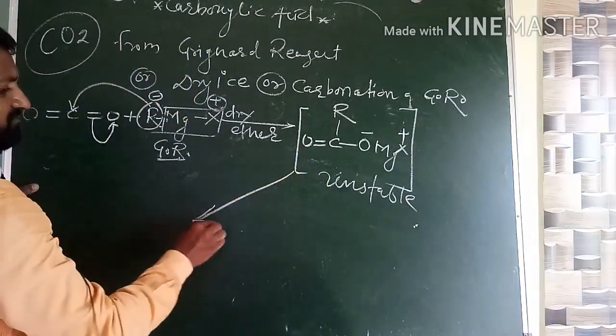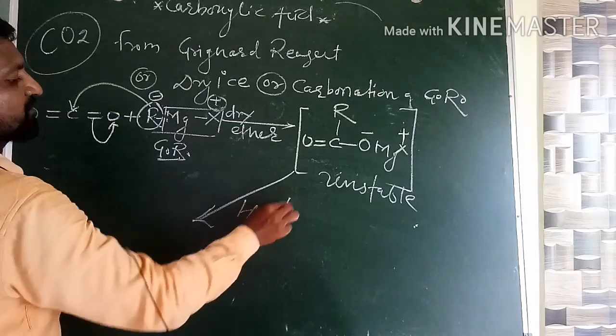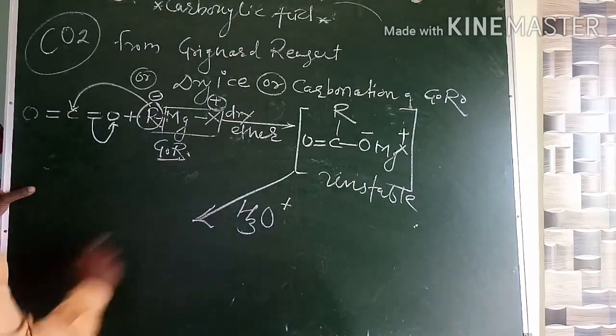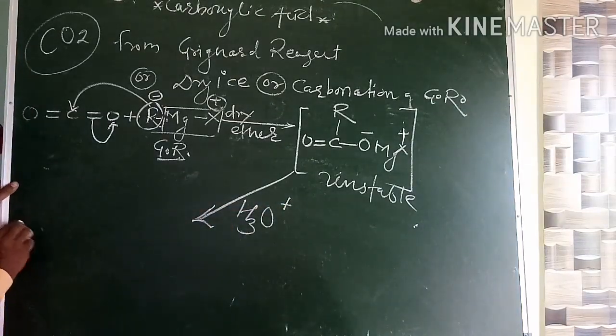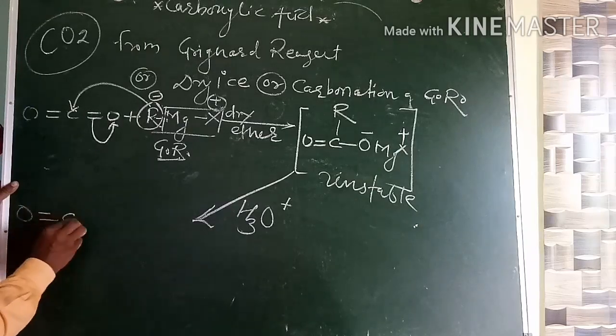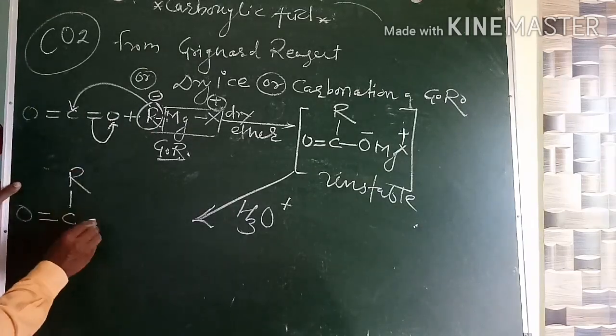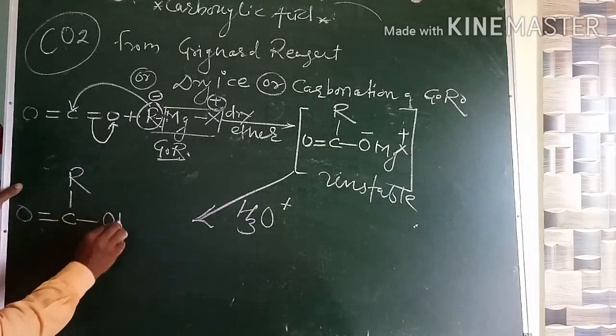Which on acid hydrolysis gives you O double bond C R OH.